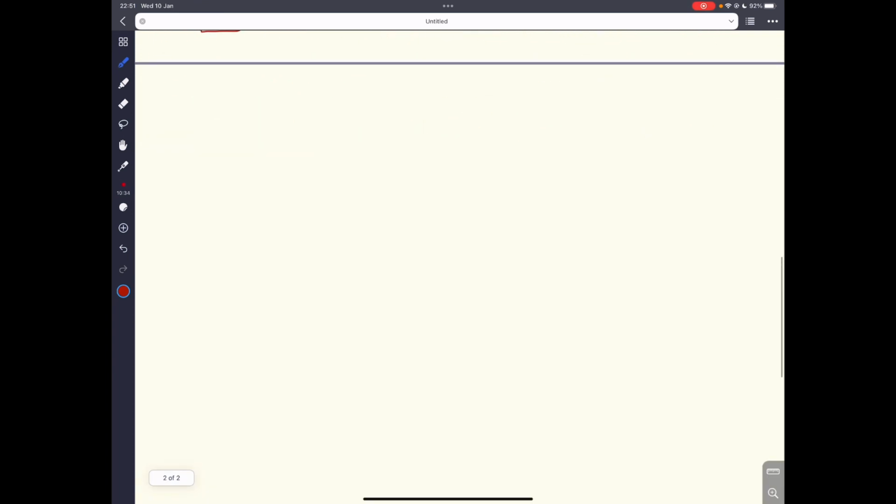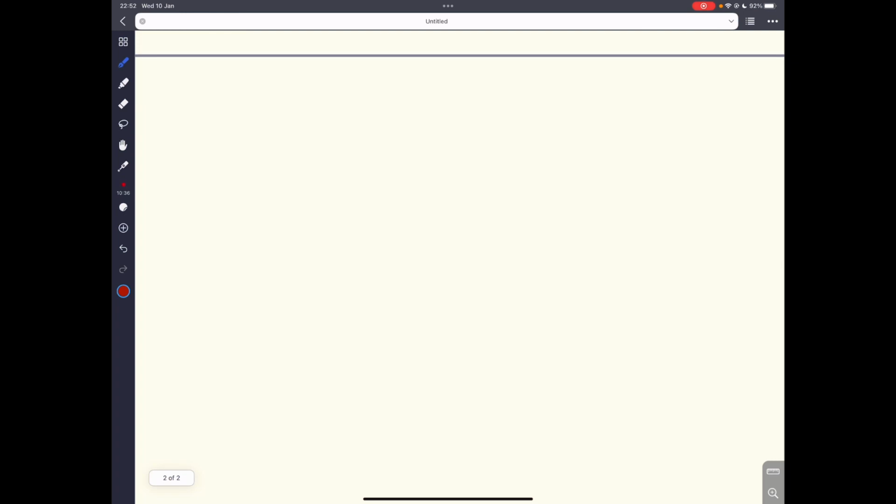Now, moving on, we'll also have to describe the food test for each. Firstly, for starch, we are going to use an iodine solution. If starch is present, this is called the positive result.